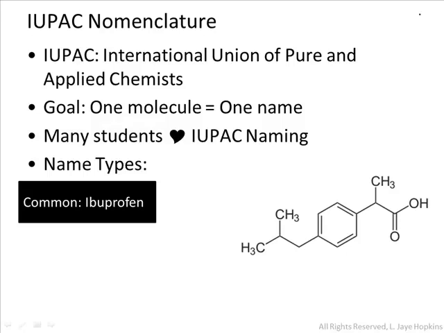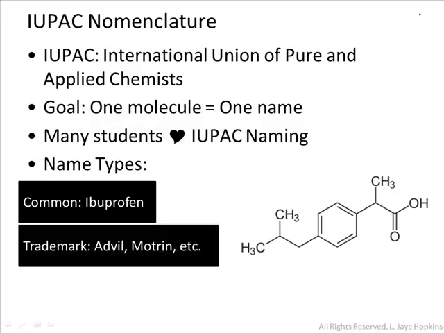Another name type that we'll run into occasionally are trademark names. So you might be familiar with ibuprofen when it's sold as Advil or Motrin. These are trademarks, so they're generally only used by the companies that own them. And again, they don't give you any information about the actual structure of a molecule.